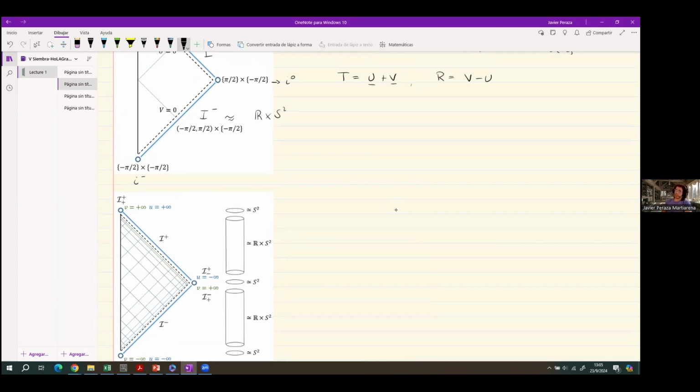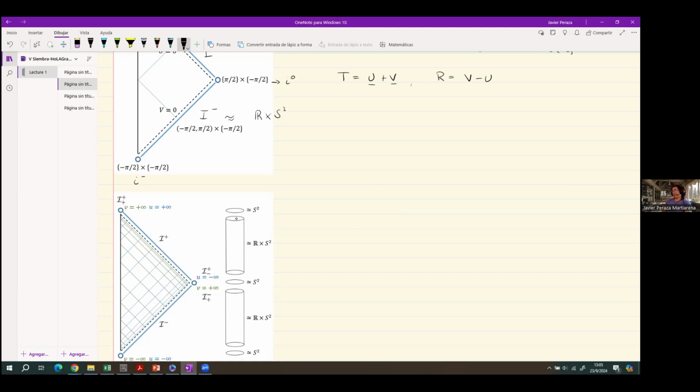So once we add this segment as itself, we can compactify it again and see that when u goes to plus infinity, we are moving along the R direction of the cylinder. And if we compactify that by just adding the point at u equal infinity, we are saying that this extra point has the topology of a sphere, because it's the upper portion of the cylinder. We are closing the cylinder at u equal plus infinity.